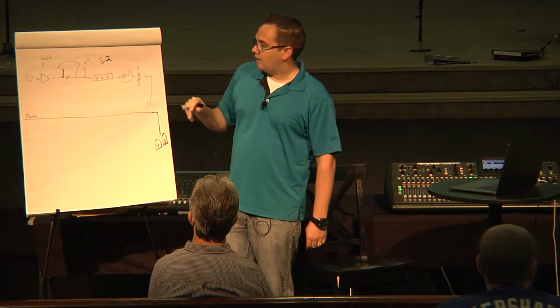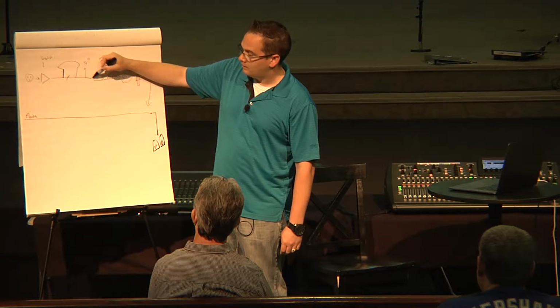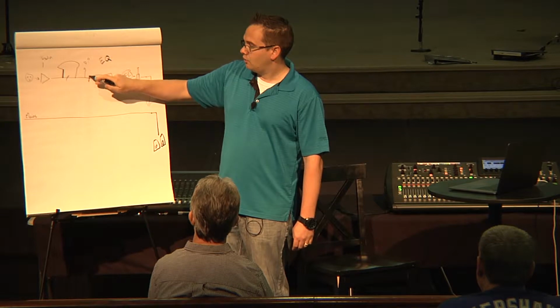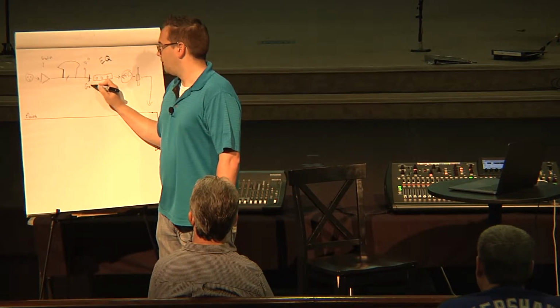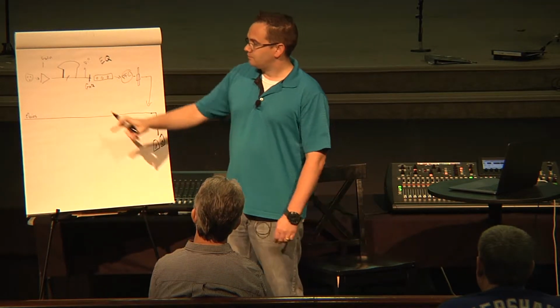Okay? Now, also at this point here, right before the direct, or right after the direct out, this is where everything kind of changes on digital boards. This is where you usually find your gate. So your gate will be right here. Usually gate comes before EQ. So anything you do here, you have your gate.